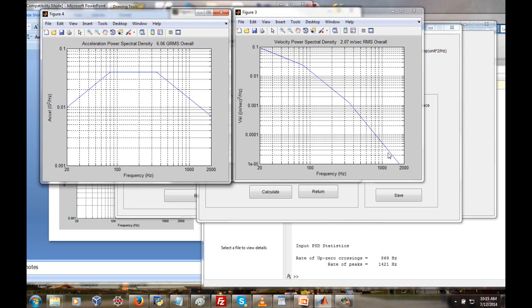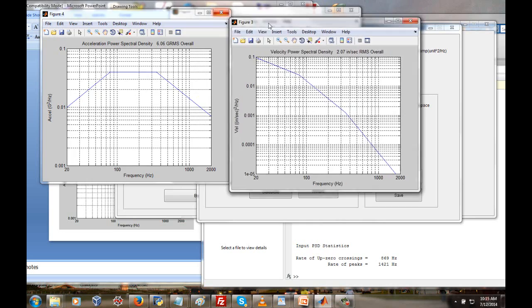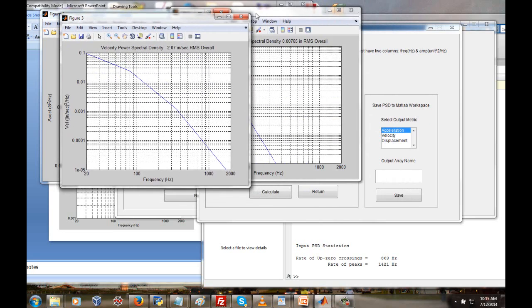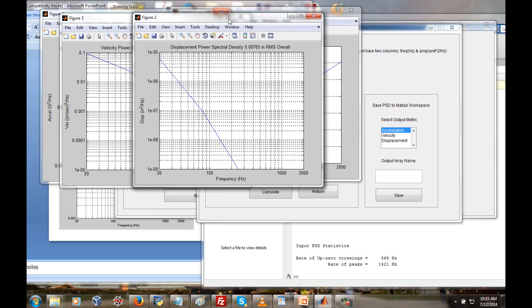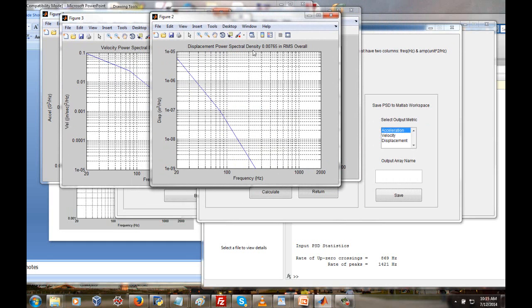So again, this is integration, and as I mentioned before, integration is kind of analogous to doing a low-pass filtering operation. And there's one more plot, actually 2 more. Here's the corresponding displacement power spectral density. We have inches squared per hertz versus frequency in hertz, with the overall level shown there.